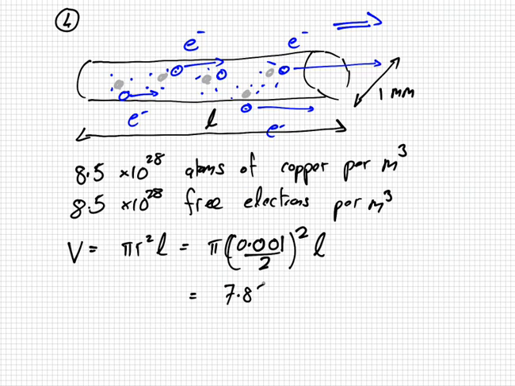I also tell you in the question that this is 1 millimeter. And I don't tell you the length here. We'll just call it L. So the volume will be pi r squared L, which would be pi 0.0, that's 1 centimeter, that's 1 millimeter.